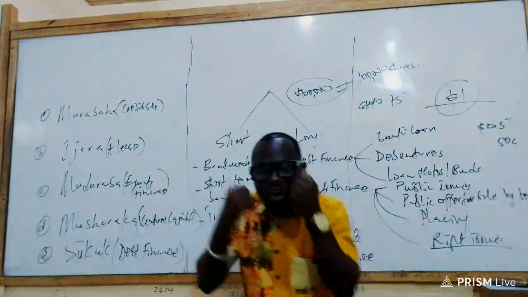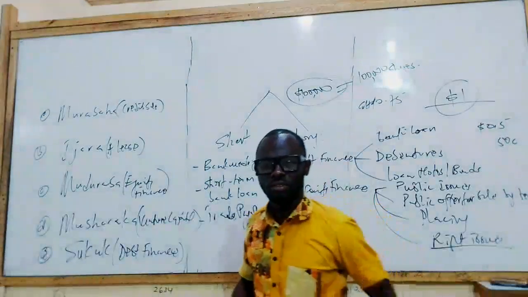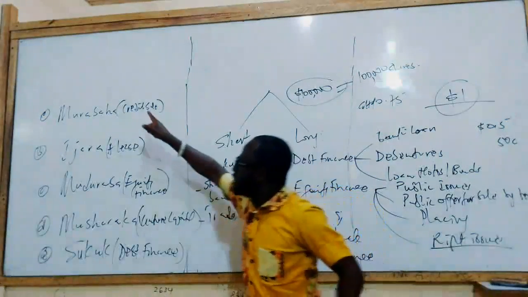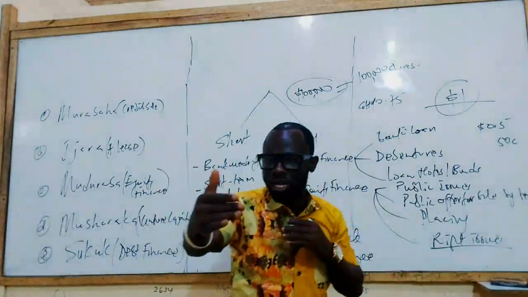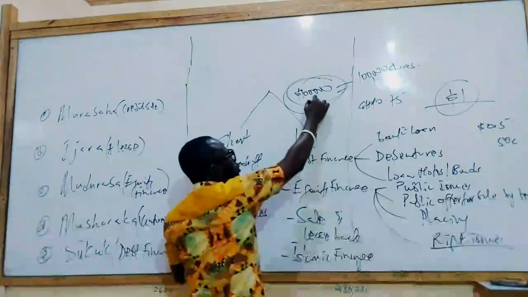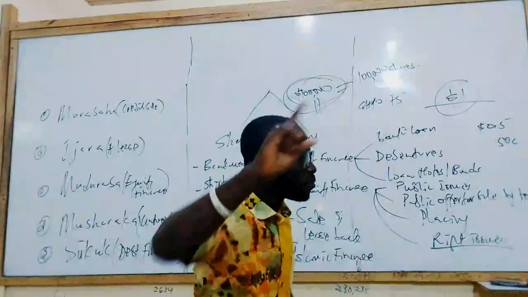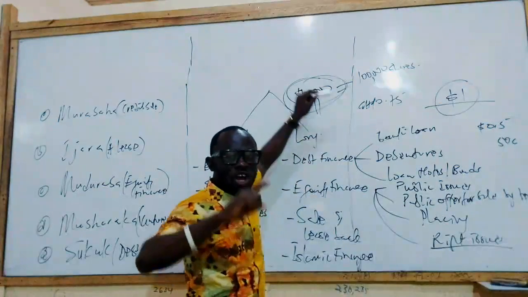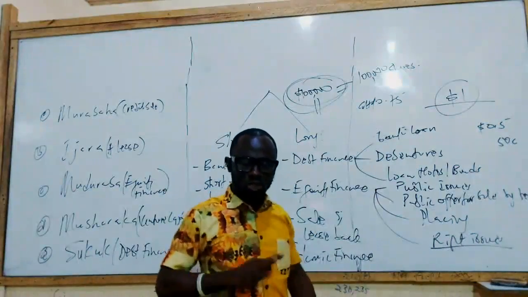So if riba or interest is forbidden and I sell goods to you on credit, how can I benefit? They benefit by taking into consideration the time value of money. So you know that if I sell goods worth $100,000 to you and I ask you to pay in 2 months' time, $100,000 in 2 months' time will not have the same value as it has today.